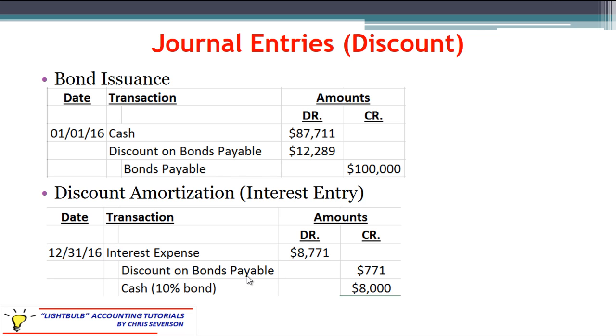Now, we have to credit the discount, and it's going to be $771. We'll see where that comes from in a bit. So the total of our two credits gives us the amount to debit for interest expense. The interest expense under a discount bond has to be higher because we had more discount on the credit side, which requires more interest expense on the debit side.